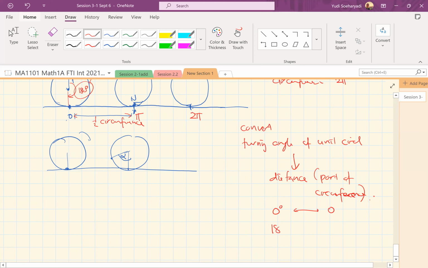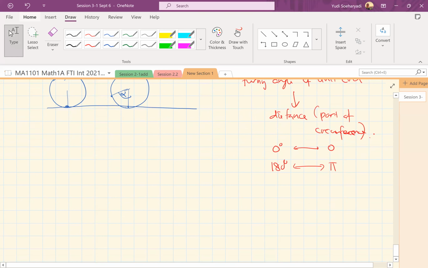And 180 degrees converts to pi. So these are numbers, angles to numbers.